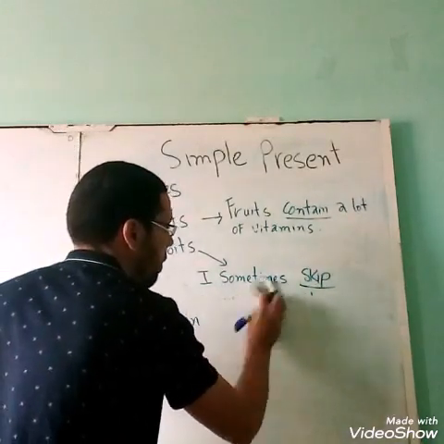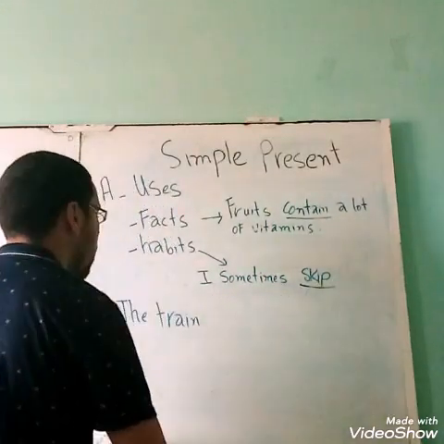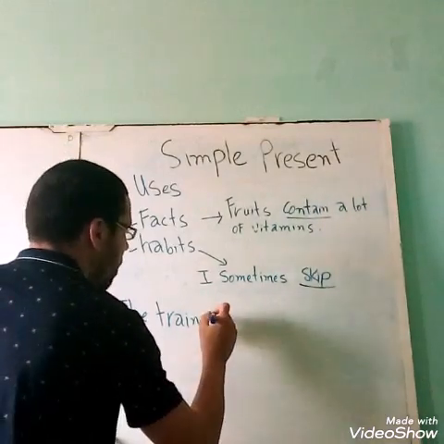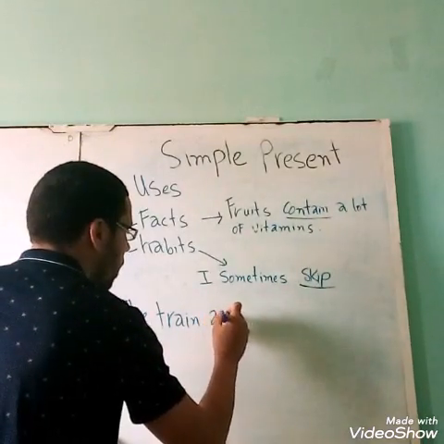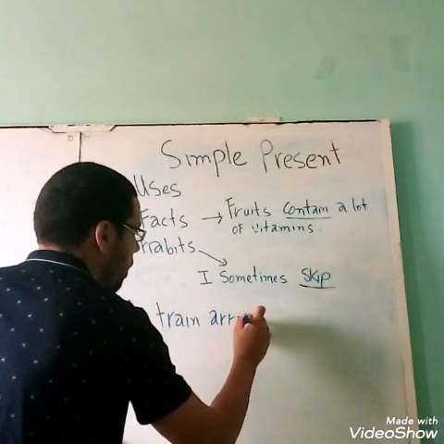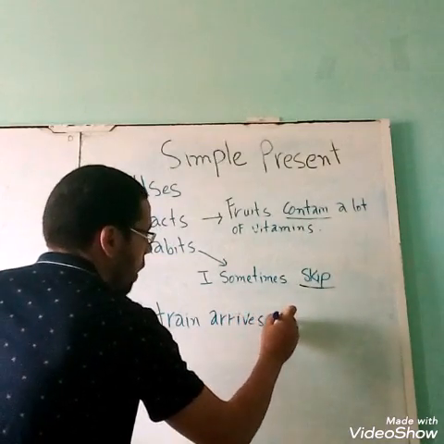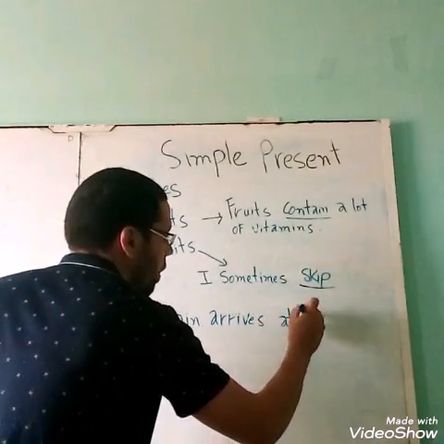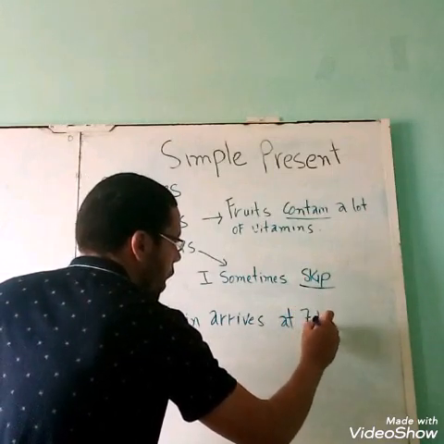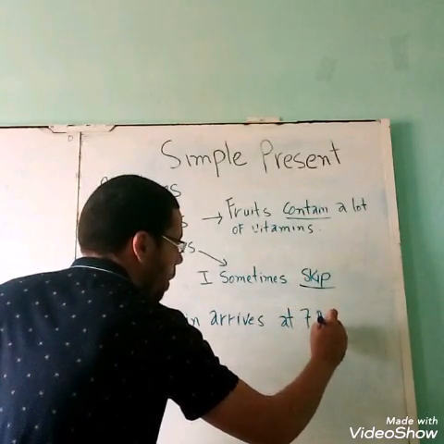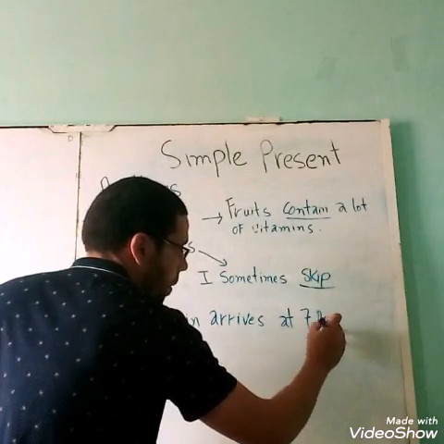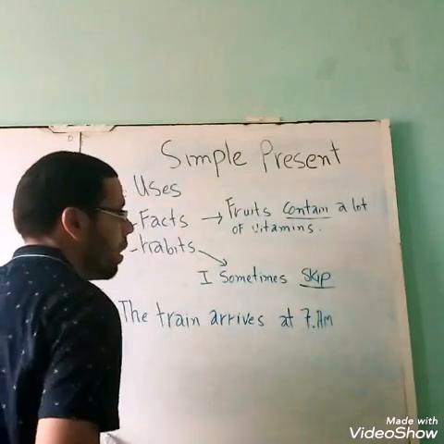Sorry to pass this. The train arrives at 7 a.m. This is a.m. Okay, this is a dot here.